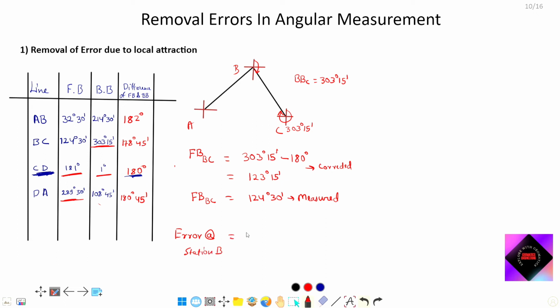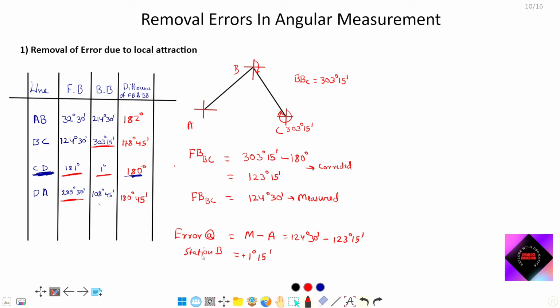What will be the error? Error is measured minus actual. So here measured is 124 degree 30 minutes. Actual is 123 degree 15 minutes. So error will come out 1 degree 15 minutes, positive.